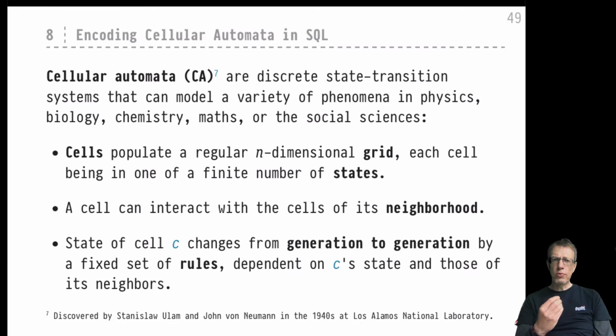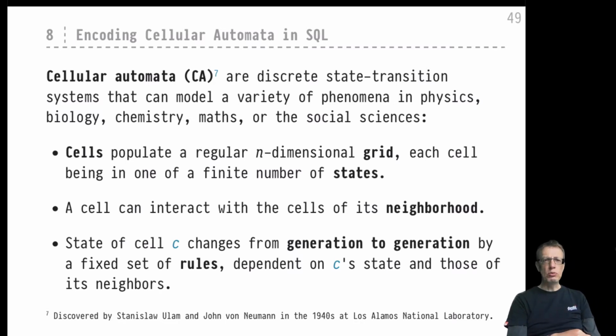And the description of these rules gives the whole system a very unique dynamicity. And we will see that one can encode all kinds of different things with cellular automata. We will look at 2 different applications here in the course of this lecture, but as I told you, the possibilities are just endless.